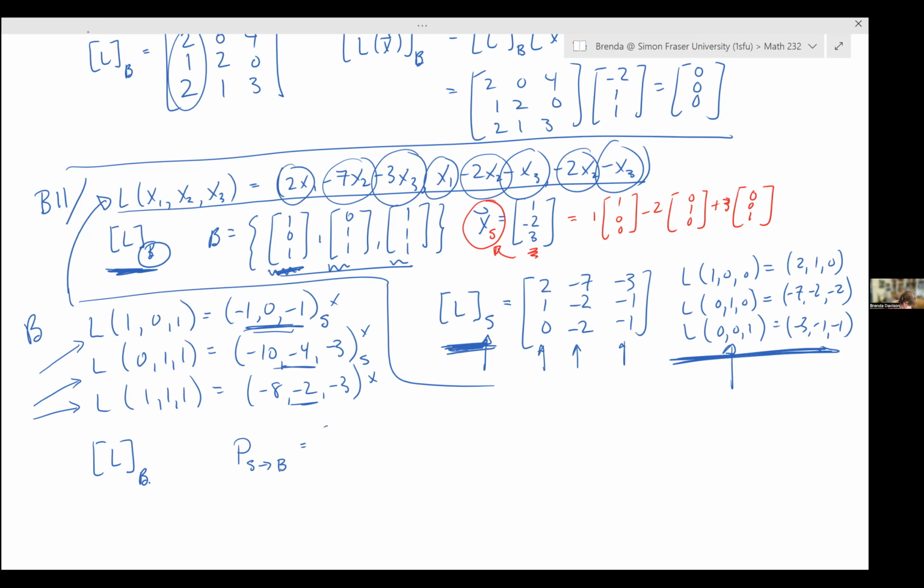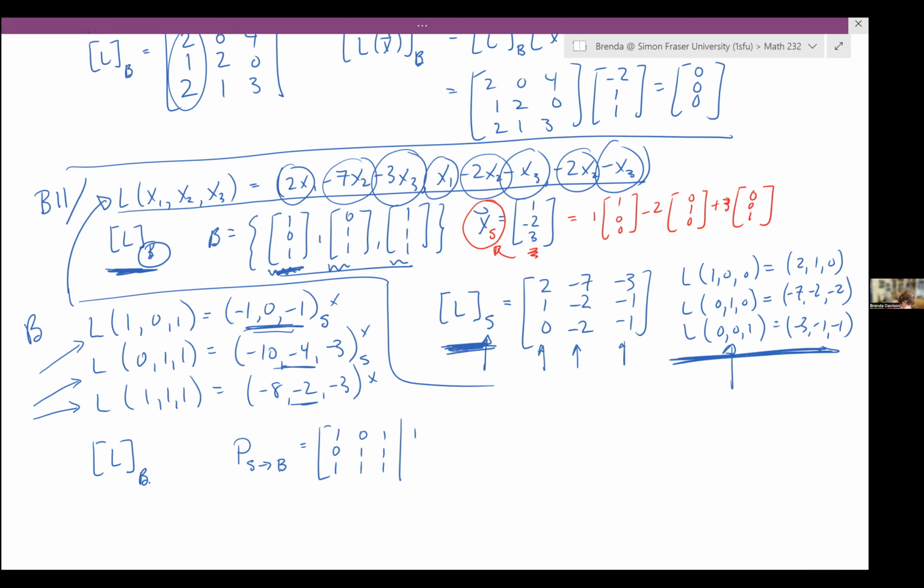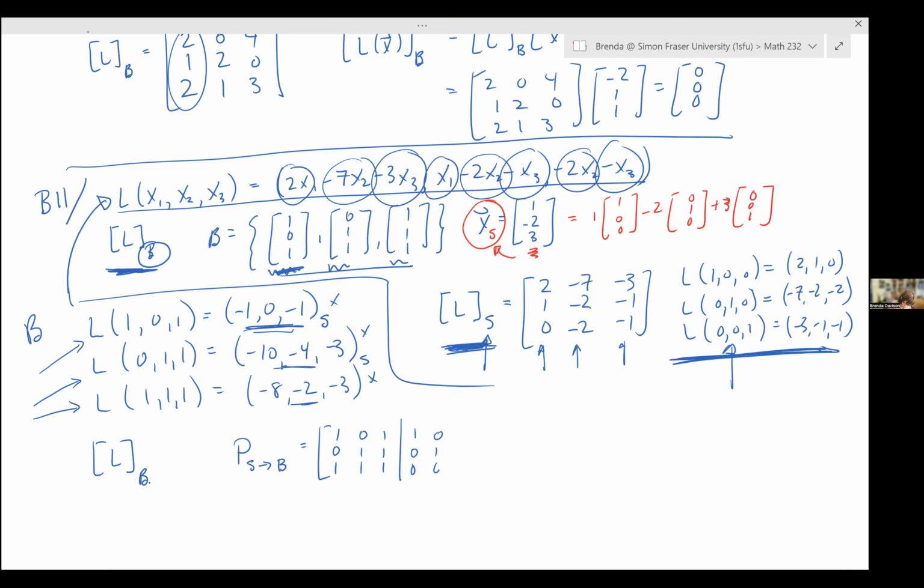And I do that by taking the basis vectors of B, augmenting that with the basis vectors from S, and row reducing until I have I, and I have what I want here. And this is exactly how we find an inverse.